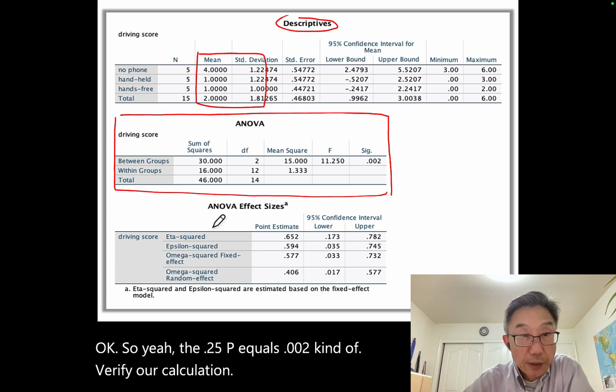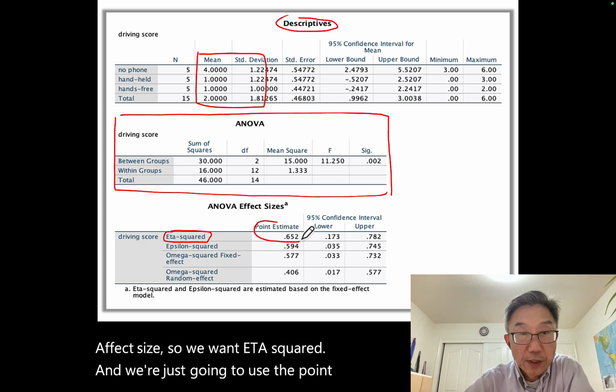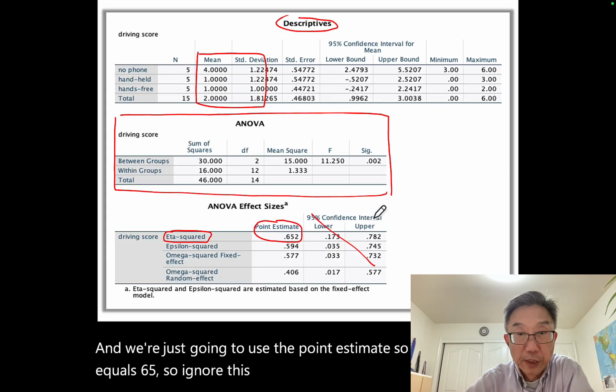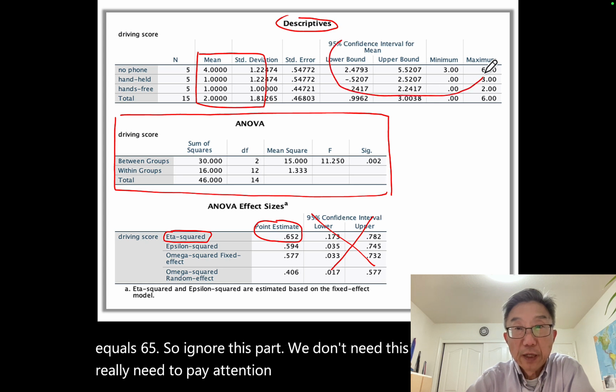Effect size. So we want eta squared, and we're just going to use the point estimate. So eta squared equals 0.65. So ignore this part. We don't need this part. We don't really need to pay attention to this part either, so we can cross it out.